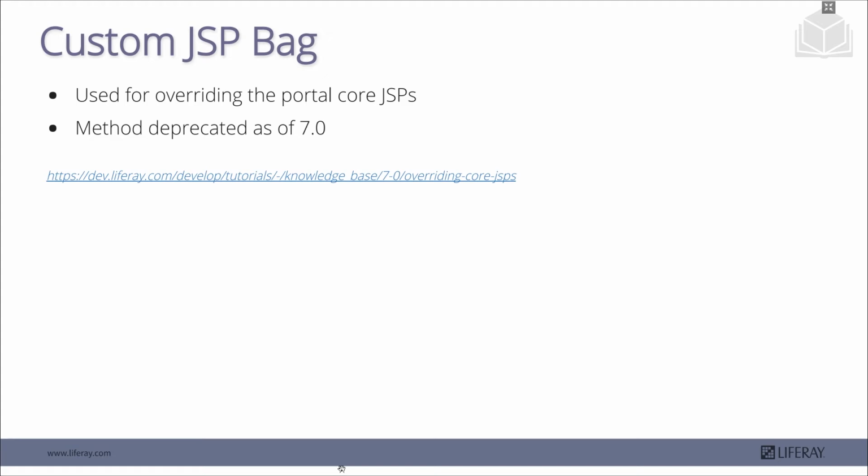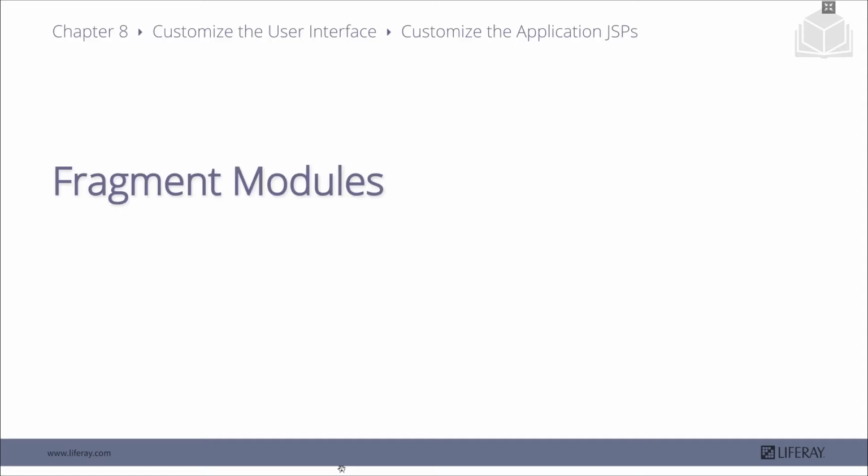We use the custom JSP bag to be able to override core JSPs. These are the JSPs that are not inside of a Liferay module or an OSGi bundle, but rather in the core of Liferay. So we won't go too much into the details of that.